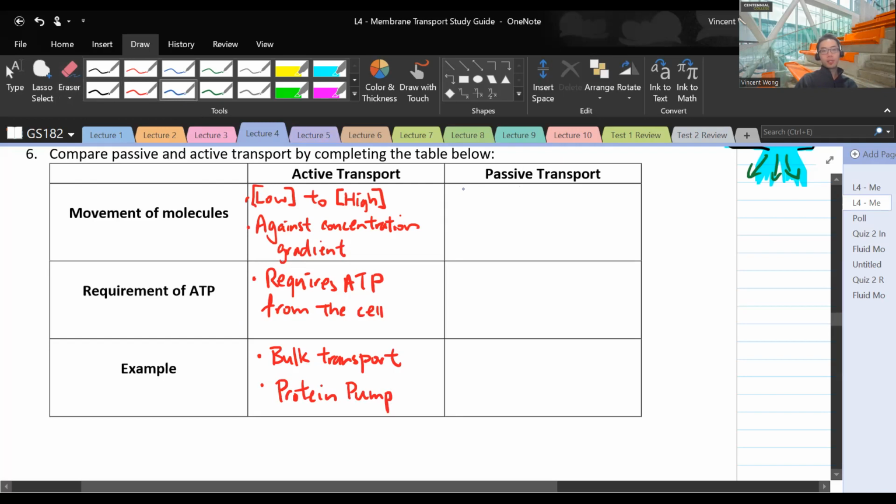For passive transport, it is the other way around. It goes from an area of high concentration to an area of low concentration. And this is like flowing downhill. That would be down the concentration gradient.